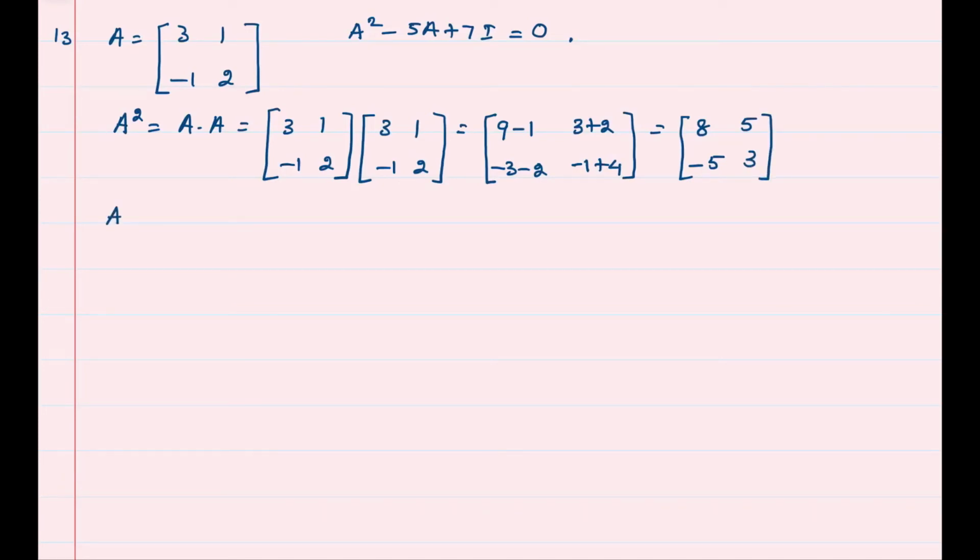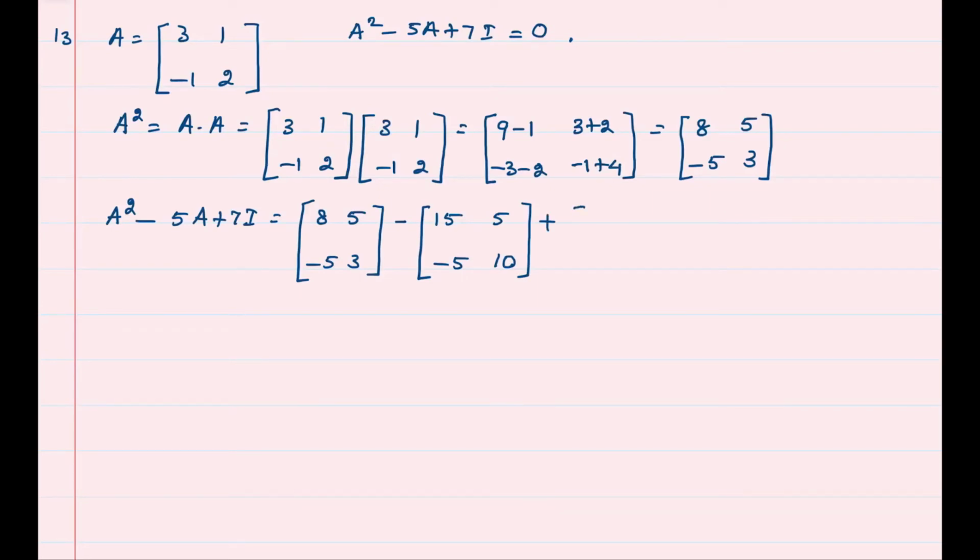We will calculate this expression. A square minus 5A plus 7I. A square is 8, 5, minus 5, 3. Minus 5 times A. We will multiply each and every element by 5. 15, 5, minus 5, 10.